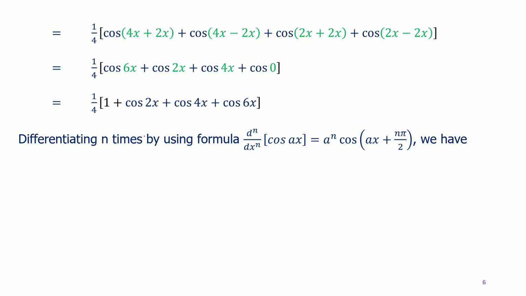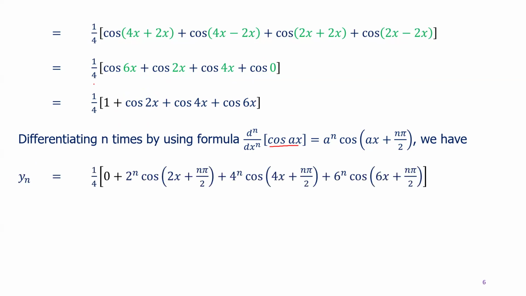Now differentiating n times by using the formula we discussed earlier, the nth derivative of cos(ax + b) is equal to a to the power n cos(ax + b + n pi by 2). And now we consider that n is more than 2. Then the nth derivative of y is equal to 1 by 4, which we can take outside.